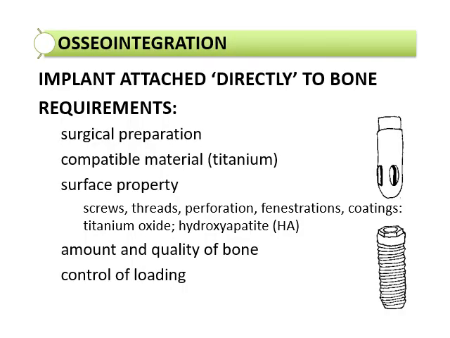So in order for osseointegration to take place and the fixture being held into place with that bone, you have to prep the sites and you have to have a compatible material, which is the titanium. And then the surface property of the fixture itself must be compatible. The hydroxyapatite, that's the bone, that's the graphene surface.